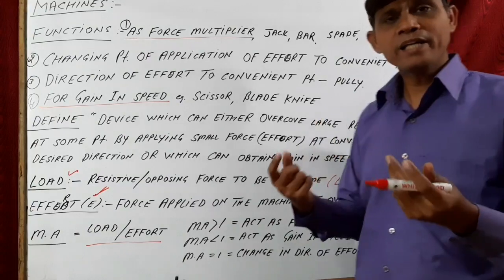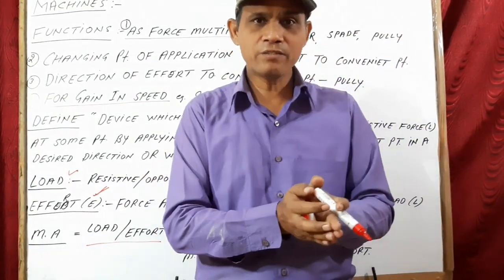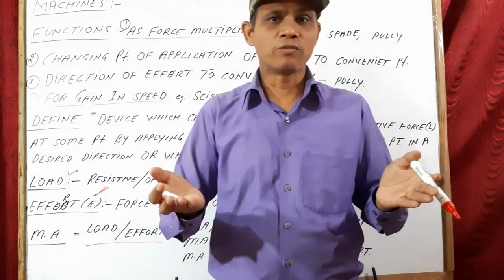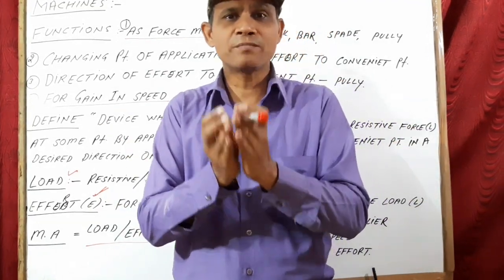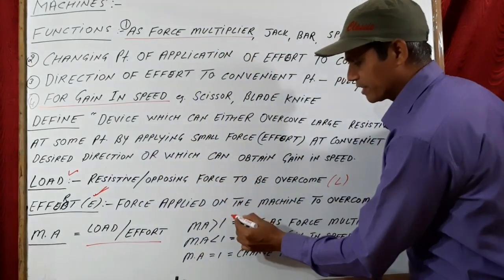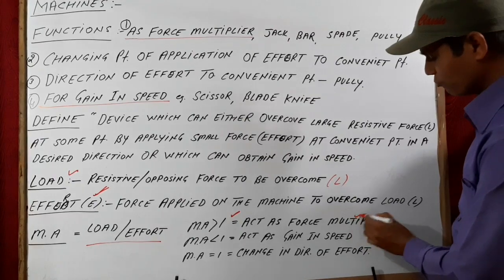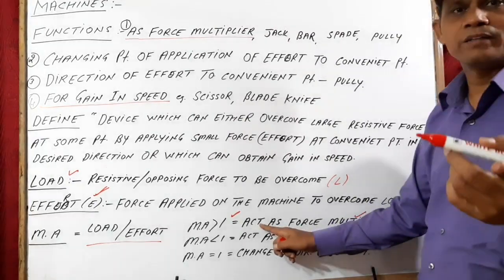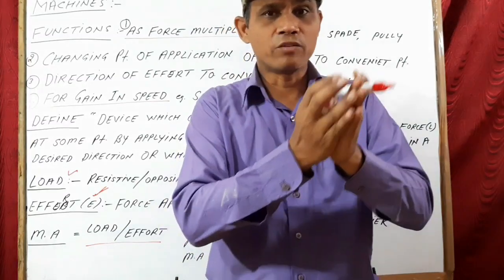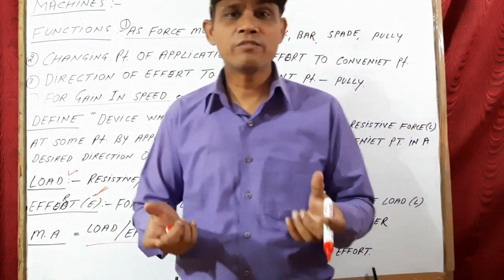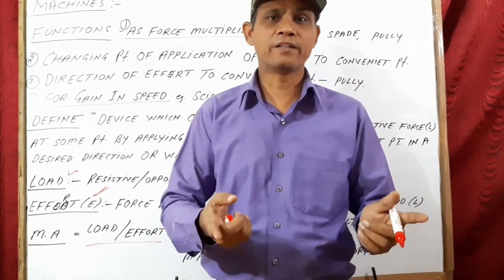Then mechanical advantage may be greater than 1, may be less than 1, or may be equal to 1. If a machine has a mechanical advantage greater than 1, then the machine will act as a force multiplier.